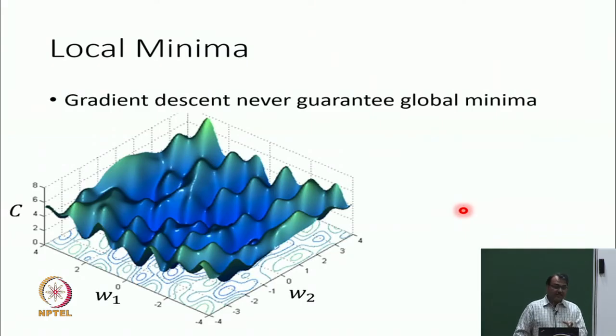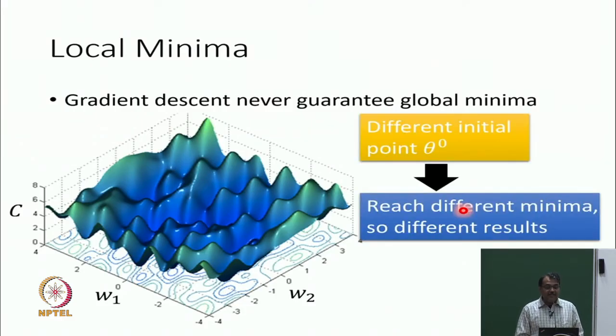This is the typical nature of the nonlinear function, and so the final theta that you get is some local optima. Okay? Depending upon where you start, you reach some local optimum and you get different results.